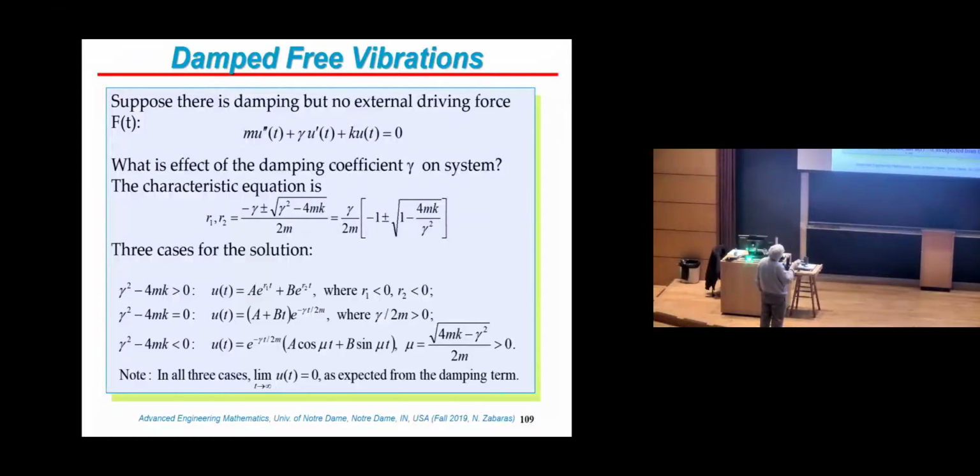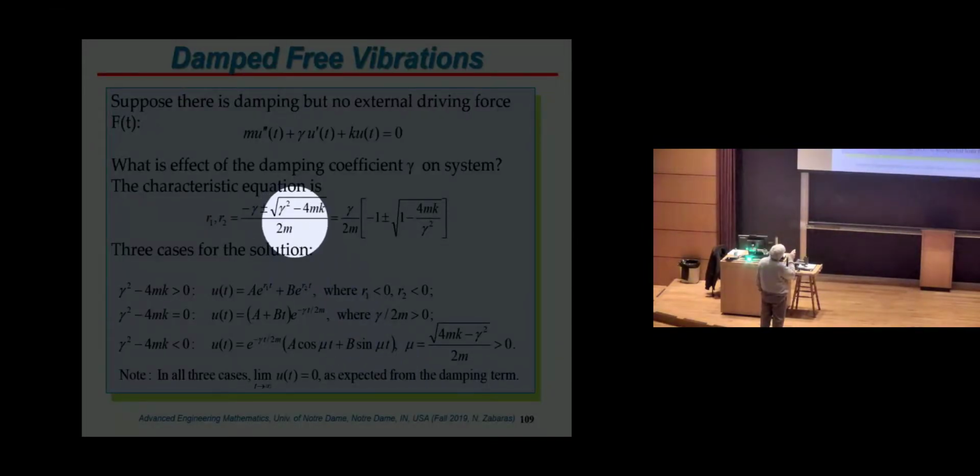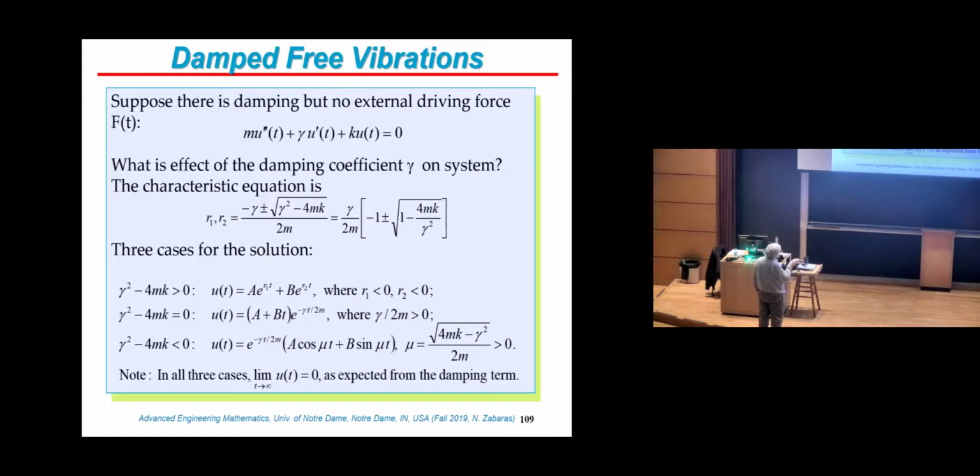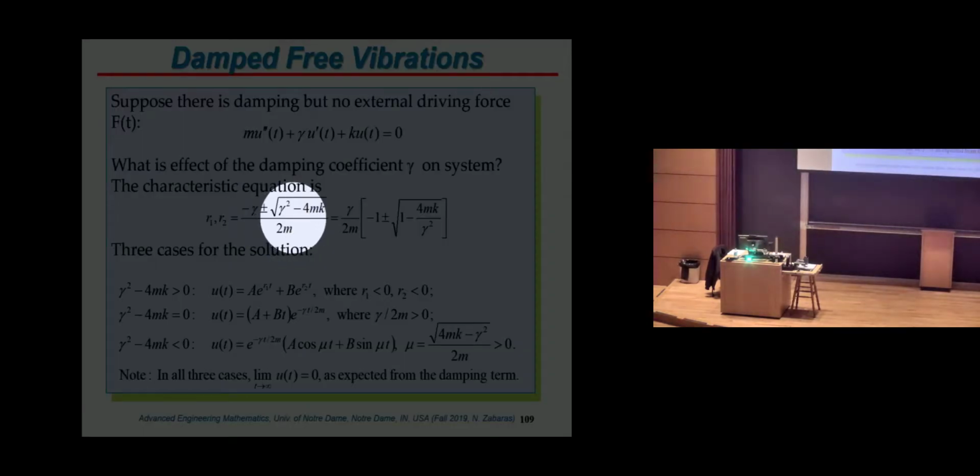And I have defined here mu to be the square root of 4mk minus gamma squared, divided by 2m, okay? So you can think of mu being the quasi-frequency, if you like, of this damped system, okay? And pay attention because, since this gamma squared minus 4mk is negative, we wrote this as i times the square root of 4mk minus gamma squared. That's why the mu is defined like that, okay?